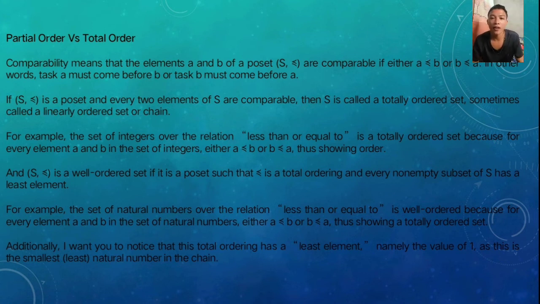For example, the set of integers over the relation less than or equal to is a totally ordered set because for every element A and B in the set of integers, either A is greater than B or B is greater than A, thus showing it is totally ordered.